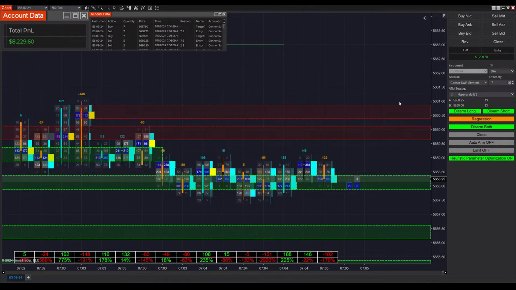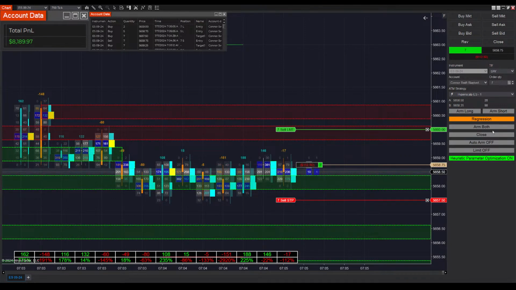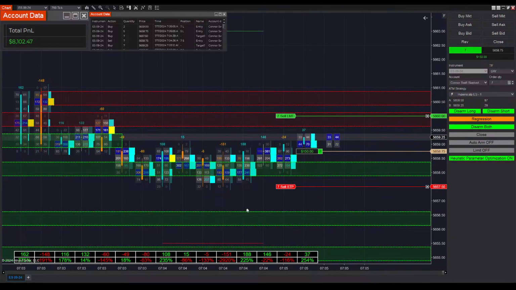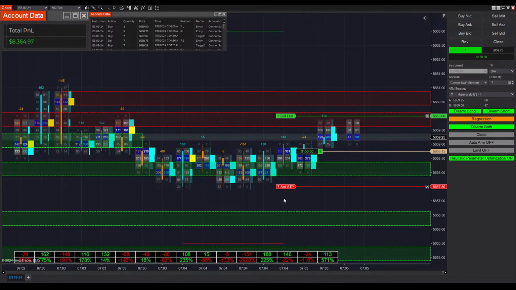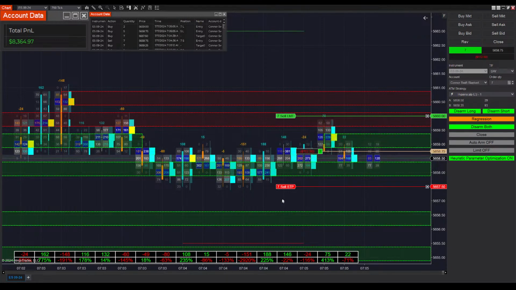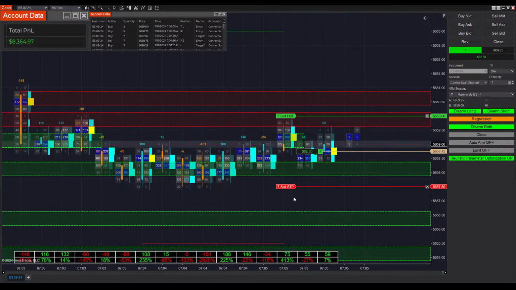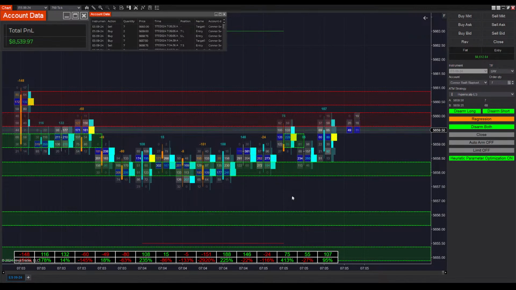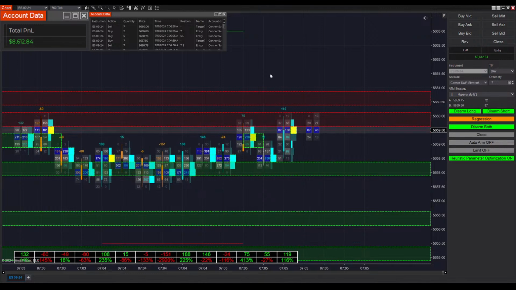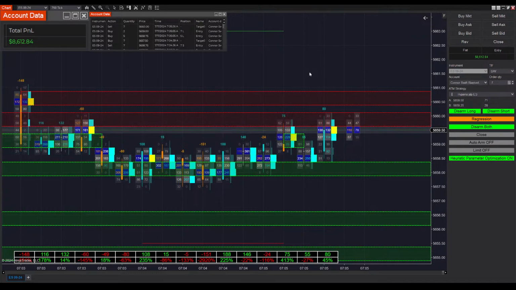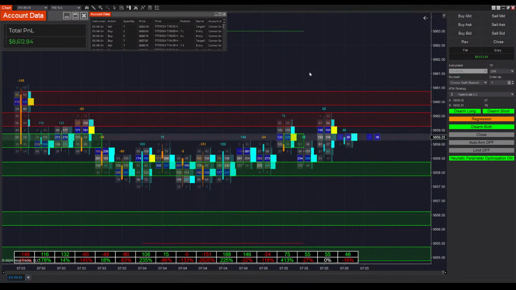But if we keep getting this volatility, we may go for that higher take profit amount. End up winning that trade there, up to $8,600 on the day now.